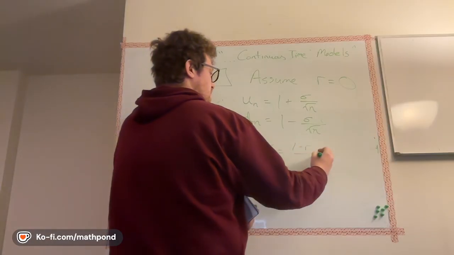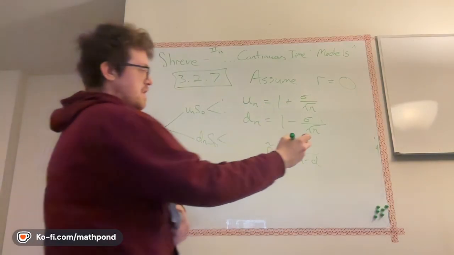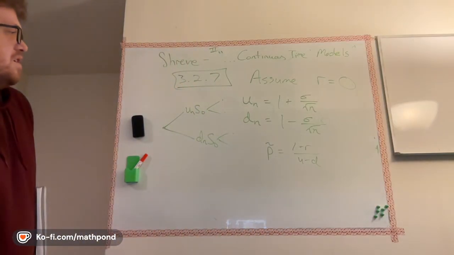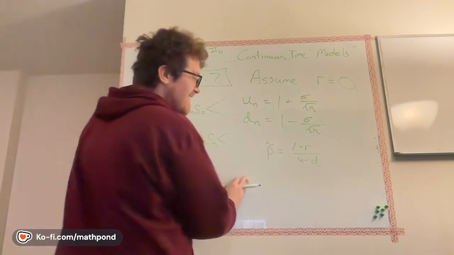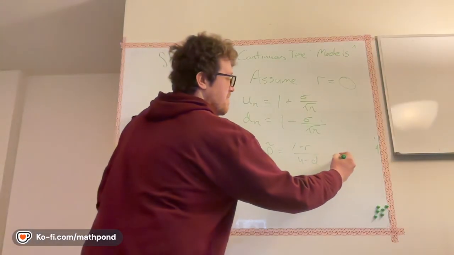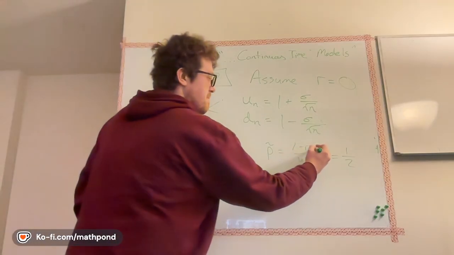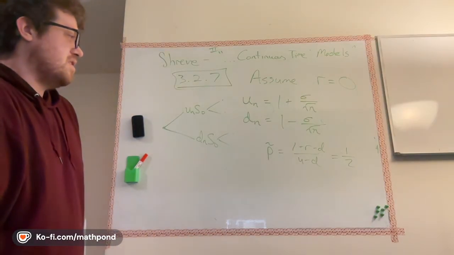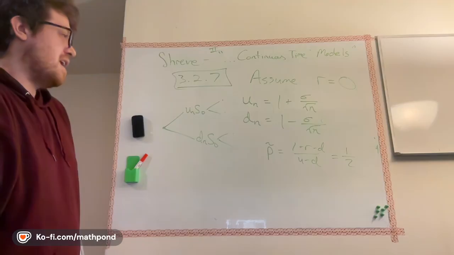Well, whatever it is, I think it has to come out to 1/2 for this, so maybe that gives you a hint. 1 plus r minus d over u minus d? Yeah, that's got to be it, right?